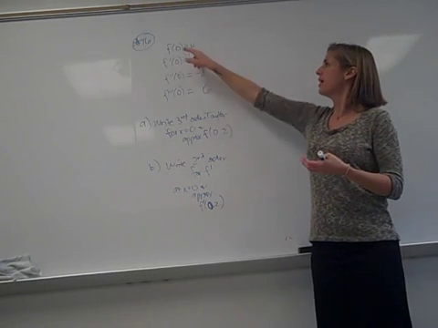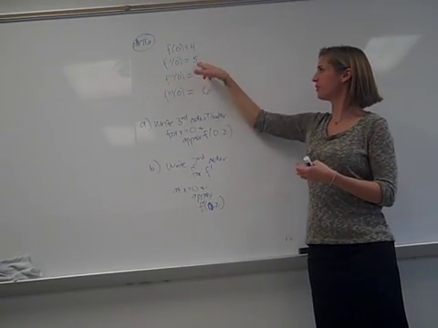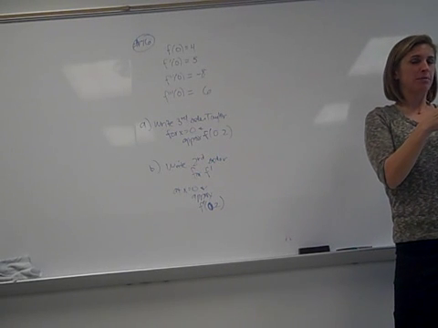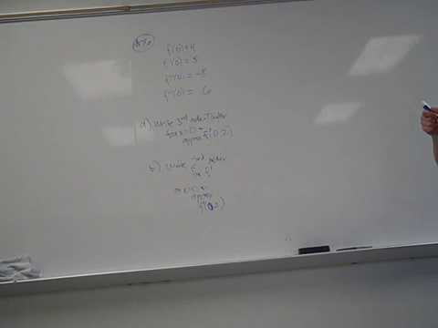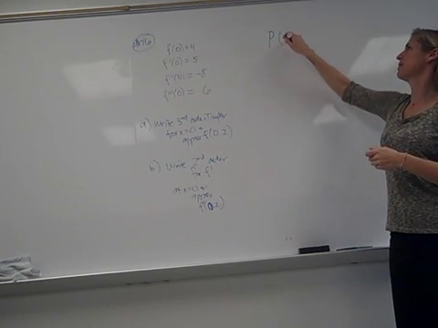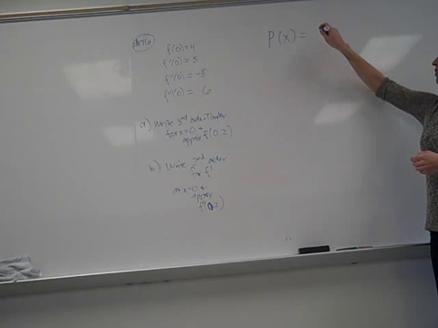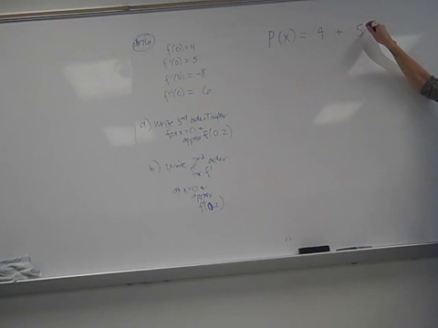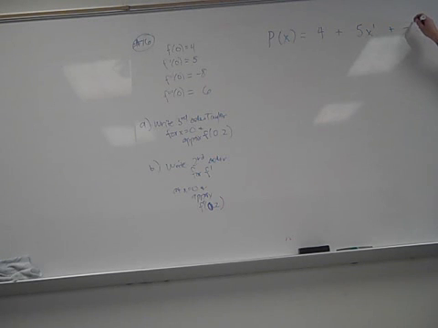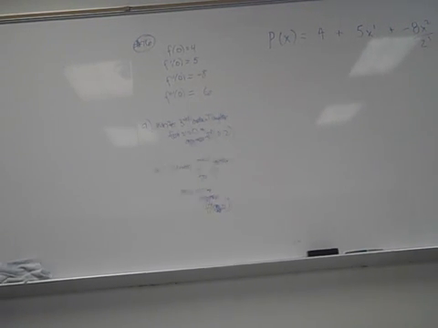If they told you f of 2 was 4 and f prime of 2 was 5, well then I would center it at 2. But if they're having zeros as all my x's, then it has to be centered at 0. So the formula for that polynomial, I'll say p of x, goes f of 0 plus f prime of 0 times x to the first plus f double prime of 0 times x squared over 2 factorial plus f triple prime of 0 x to the third over 3 factorial.